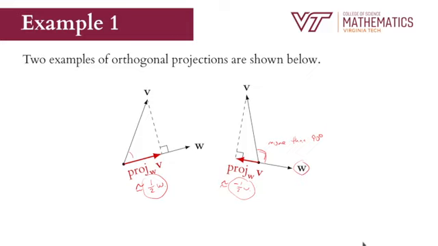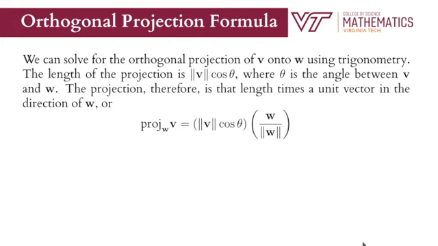All right, let's move on. We can use trig to solve for the orthogonal projection. Let me go back to this sort of diagram where this is W and this is V. And we drop our perpendicular line right here.